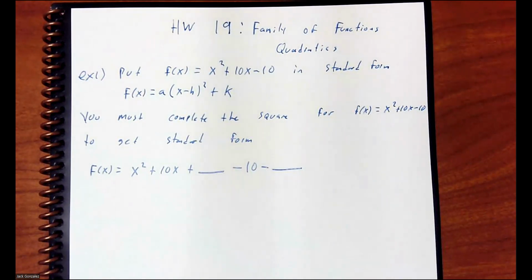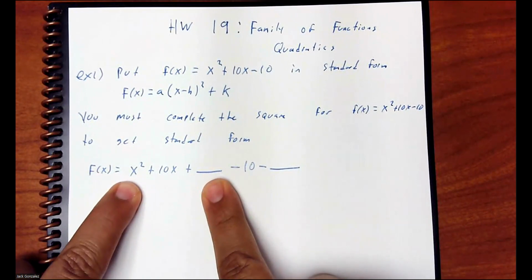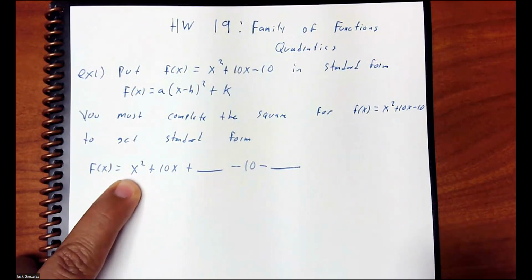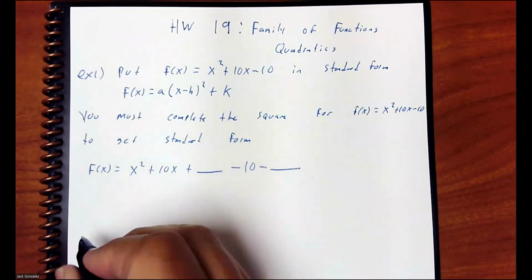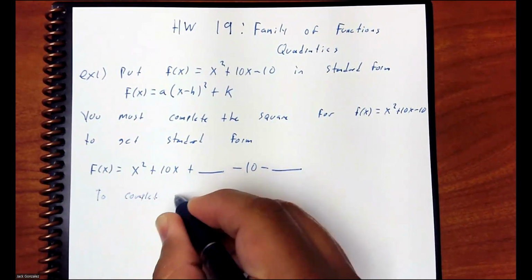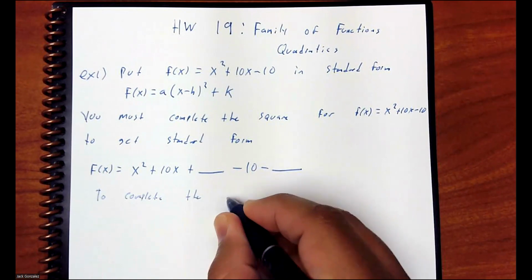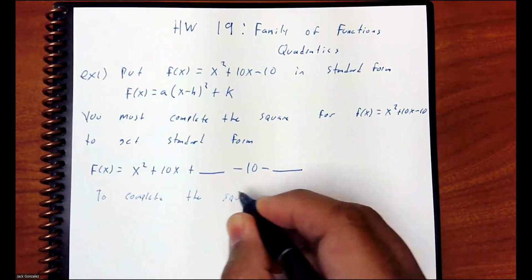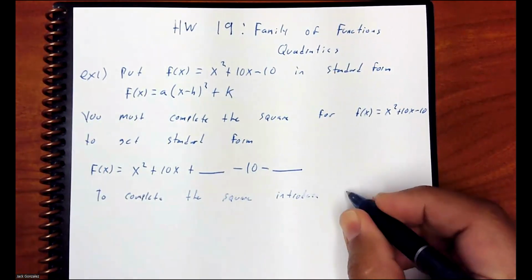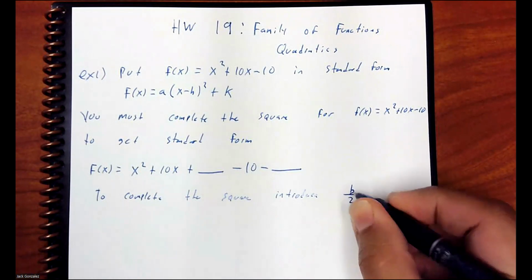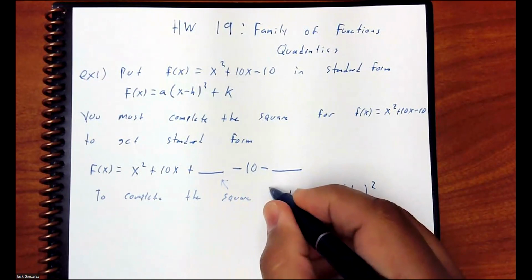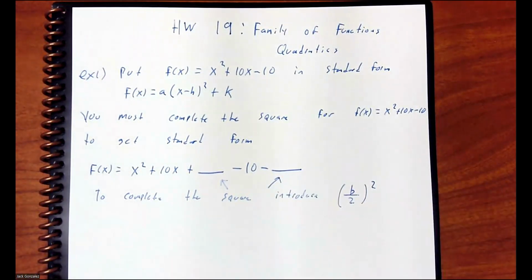But when you add it to this piece, then you can factor it. So that special number, to complete the square, is b/2 squared here and here. That's all you gotta do.